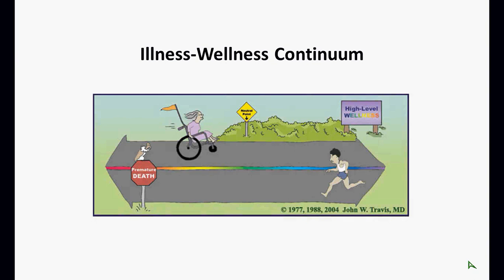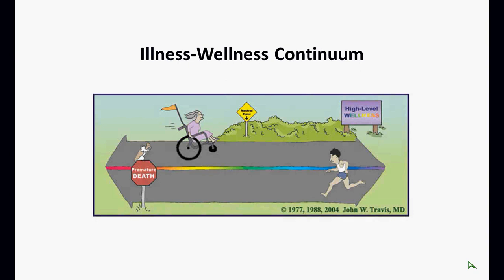The gentleman on the bottom is sort of the person who doesn't really feel they have much of an impact on their health and well-being, and he may have gone to the doctor and been told, Jack, if you don't get yourself in shape, you're going to have a heart attack and die. So he has the fear of God, and he's really sort of frantically running, trying to prevent this horrible outcome that's been put in his mind.